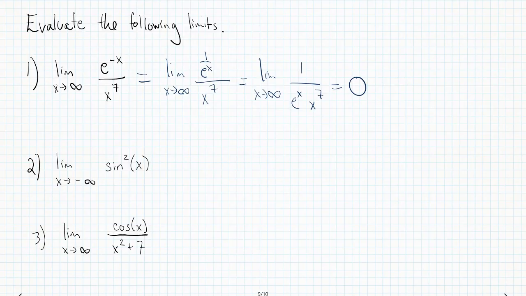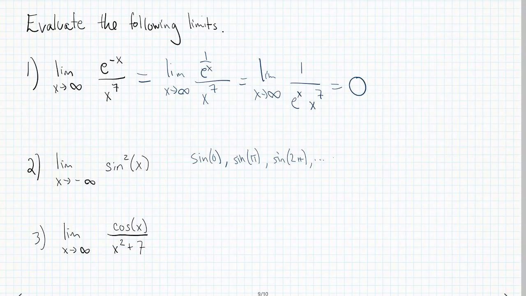Now, if you take a look at this one, the sine squared of x, let's see what happens. If we do sine of 0, sine of pi, sine of 2 pi, and so on and so forth, right?